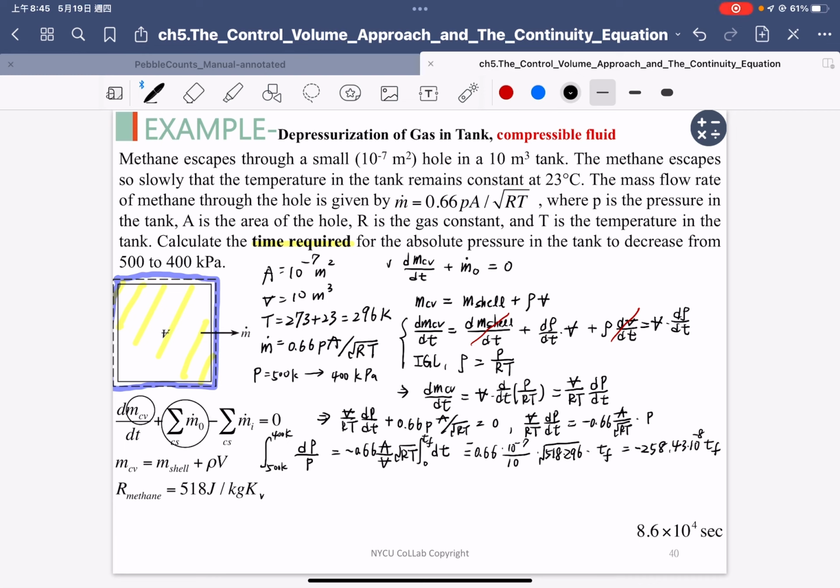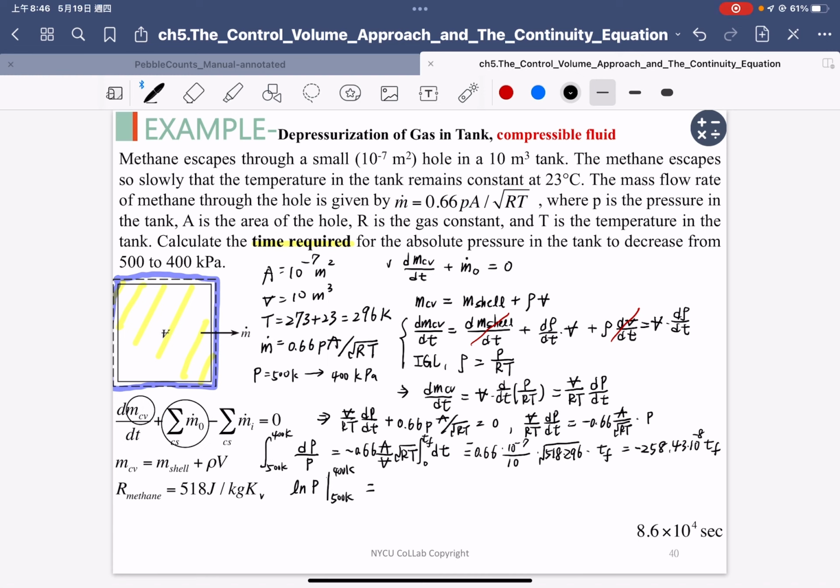Okay, and the left hand side, the item for the pressure, we do the integration, so we know that will equal to the rho and P, and the domain interval is 500 kilopascal to 400 kilopascal.